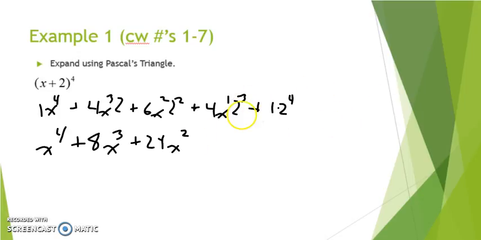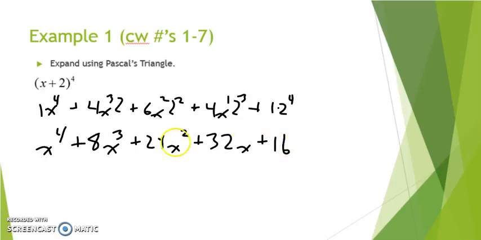Next one, I have 2 to the third power. That's equal to 8. And then 8 times 4, these are in the same term, equals 32. And the last one, you can ignore the 1. 1's not going to change anything. But I do have to evaluate 2 to the fourth power, which is equal to 16. So there is my expanded polynomial.